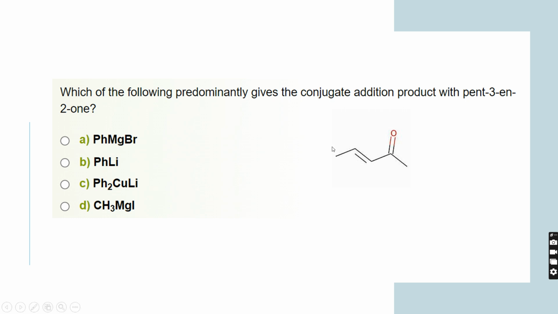Like the incoming nucleophile will add up here and the reaction will go ahead. Like we have already discussed in the last question, out of these four reagents, option C is going to give you the product in which you will observe 1,4 addition of the phenyl nucleophile.